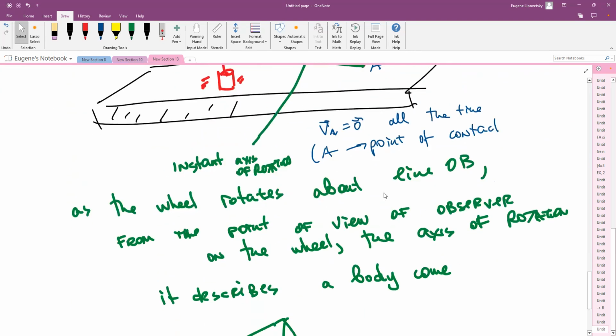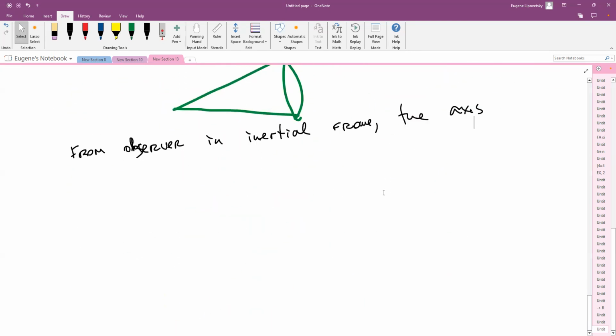Around like this, okay? The axis describes what is called the space cone. So this is the space cone that is described.